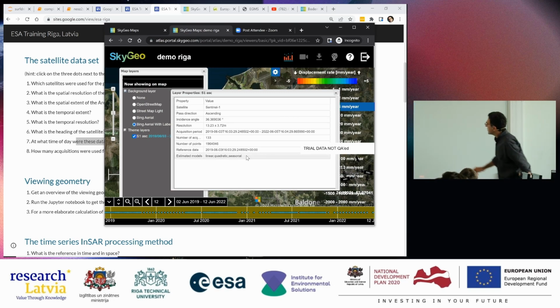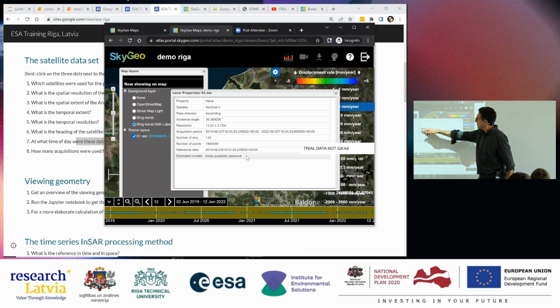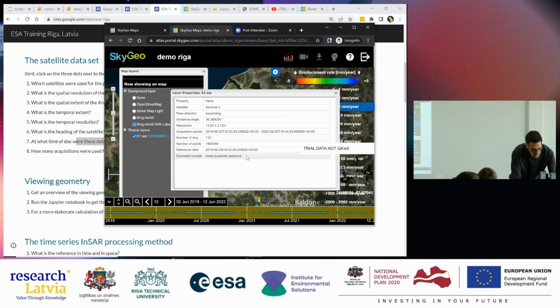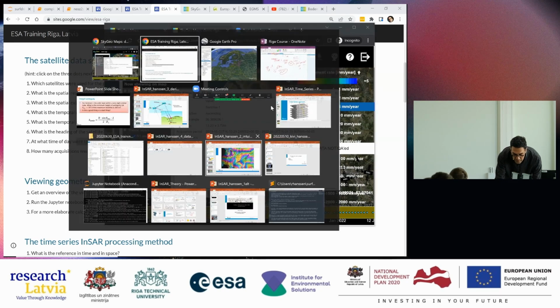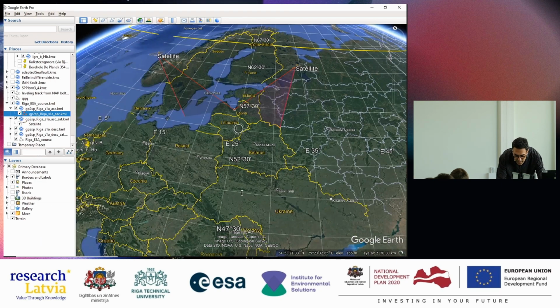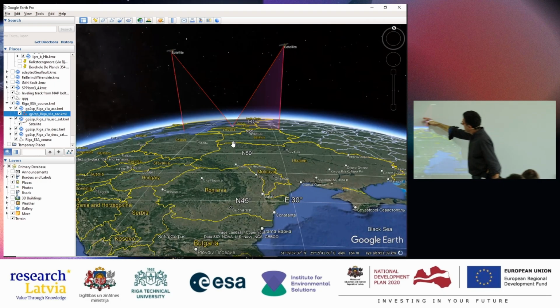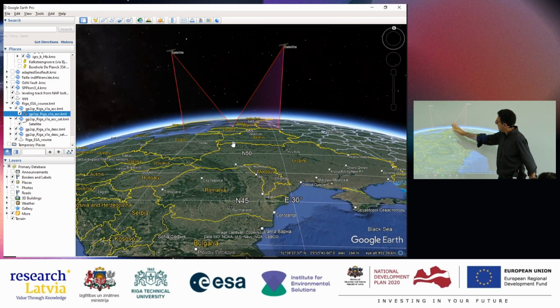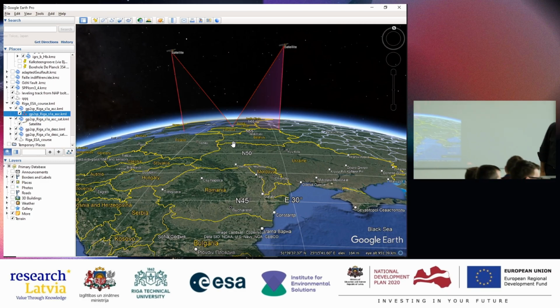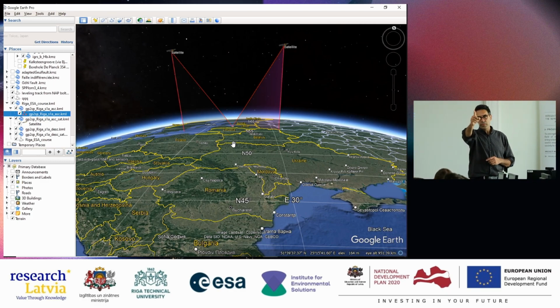Okay, what else do we see? So it's an ascending image. We see the incidence angle. That is the angle with which we look at the surface, basically as seen from the ground. So this angle down over here, the 31 degrees, is the incidence angle, measured from the zenith. So that is also important. So if the north, where was it?